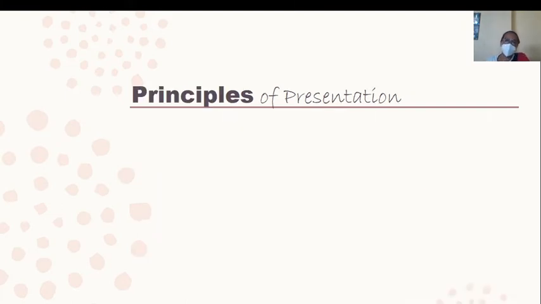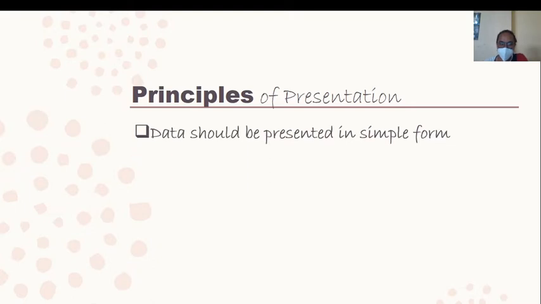And we have also principles of presentation. Data should be presented in simple form. For example, sa math, di ba? Kapag nagbibigay yung teacher nyo ng napakahabang solution, di ba? Ano yung nararamdaman nyo kapag ganun?